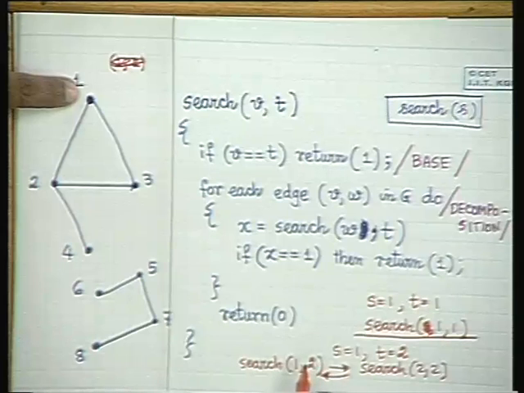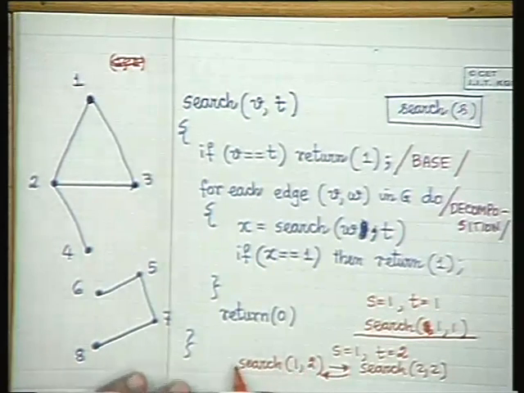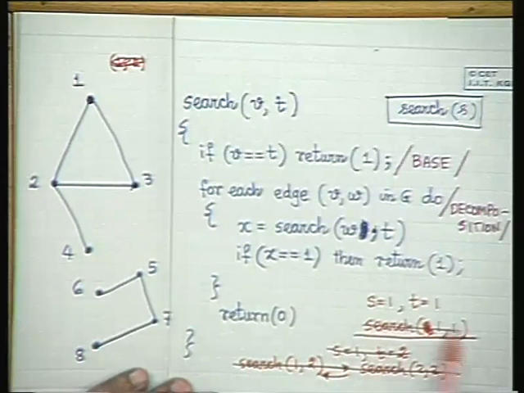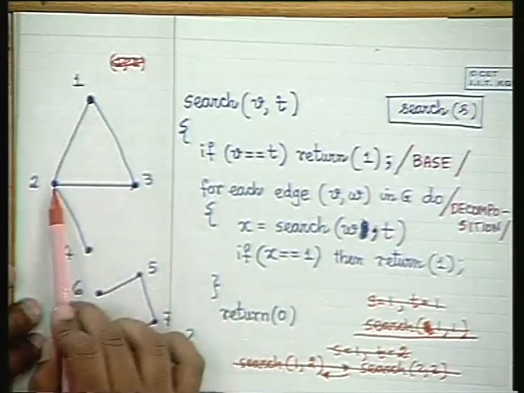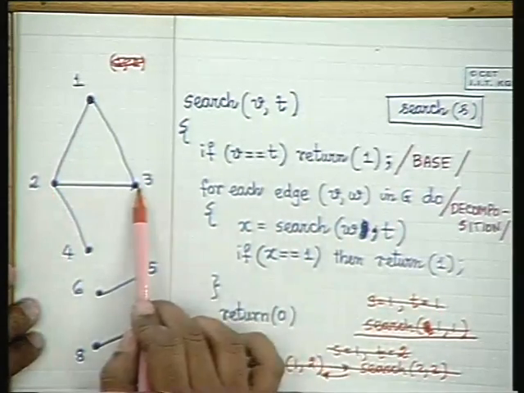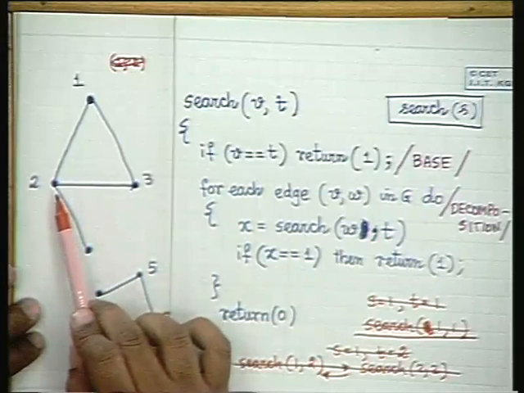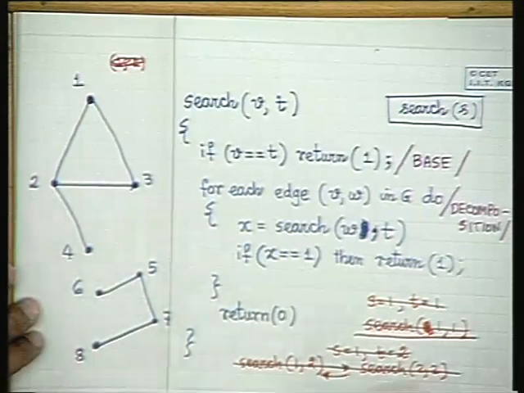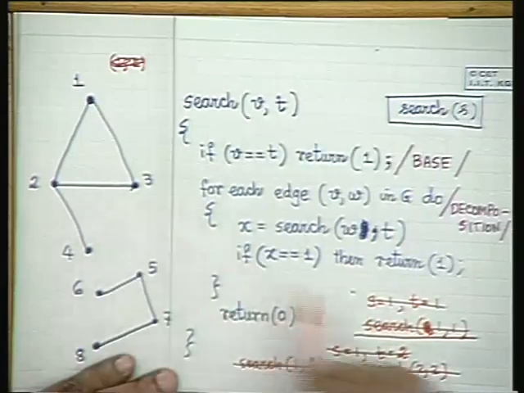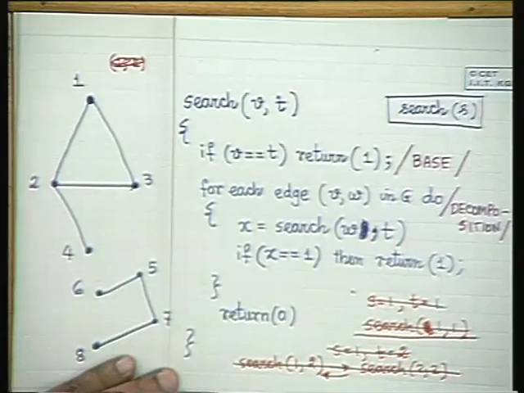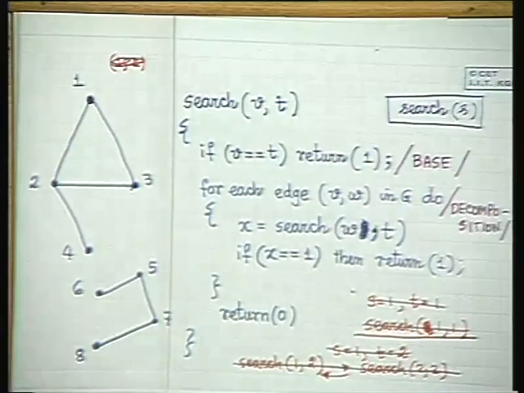But this does not mean the algorithm is perfectly correct, because in search 1, 2, for each edge, we will be doing it in a particular order, and suppose I do it in the order 2 and then 3, then suppose the problem which is defined is this.